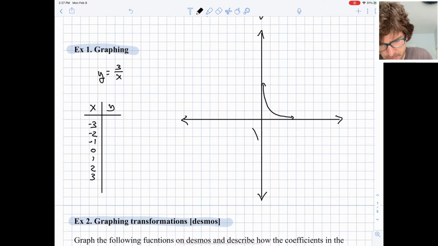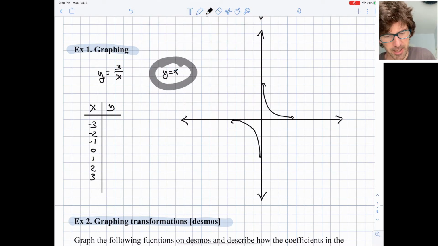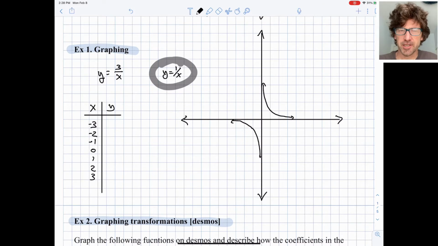Remember, it goes through the 1, 1 point and the -1, -1 point. Excuse me, y equals 1 over x is the parent function I just graphed, and that's what's in black.